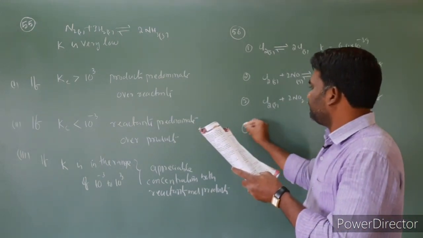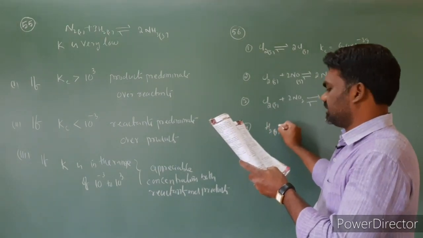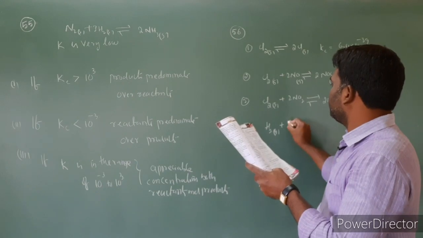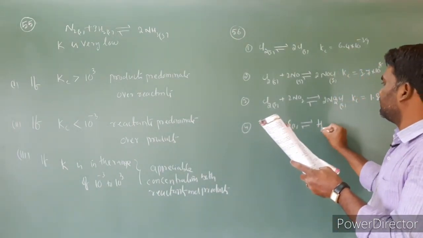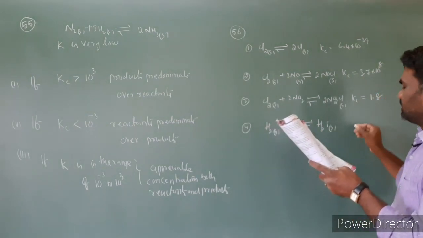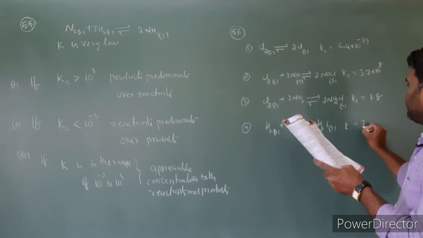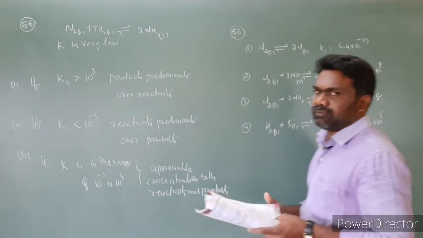Next, fourth option: H2 gas plus S solid, sulfur is solid, gives rise to H2S gas. K for this equation is 7.8 into 10 power 5. So these are the 4 options given.